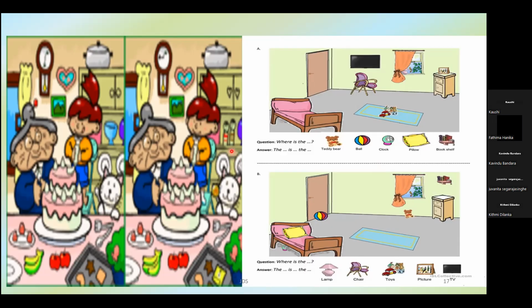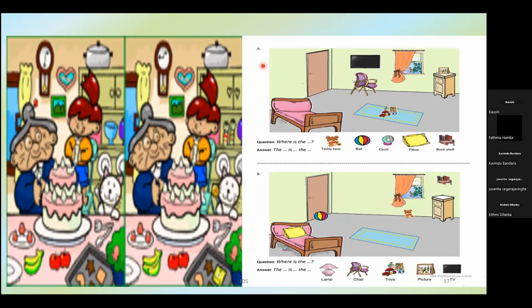Now, when it comes to an information gap activity, it is always done using pictures. Similar kinds of pictures, which are more or less similar. There will be differences, but very subtle differences. When you look at the pictures at once, they seem to be similar. But if you look closely at them, you will find some differences.